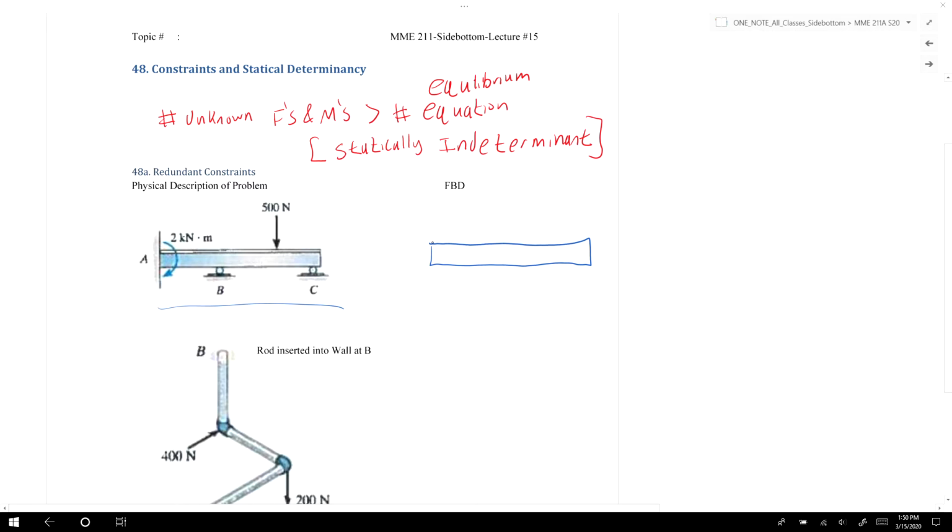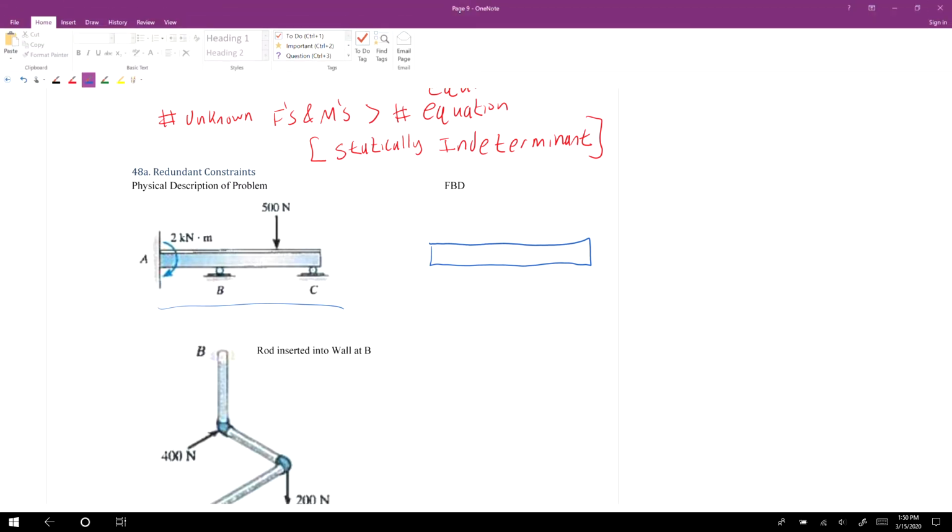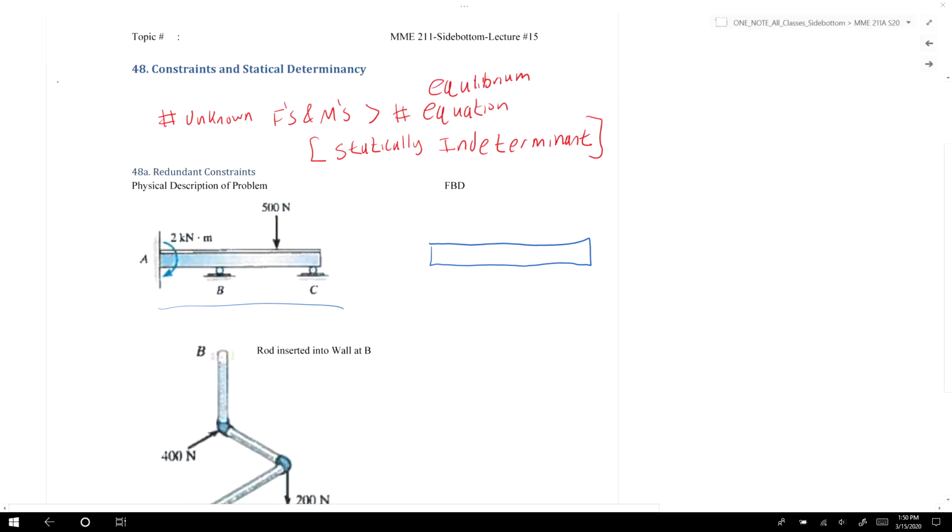We'll draw the outline of the beam first, then our external forces and moments. We have a 2 kilonewton moment applied at point A, and a 500 newton load applied downwards between points B and C. Then we apply our reaction forces and reaction moments.